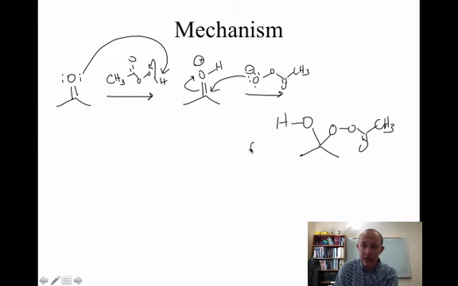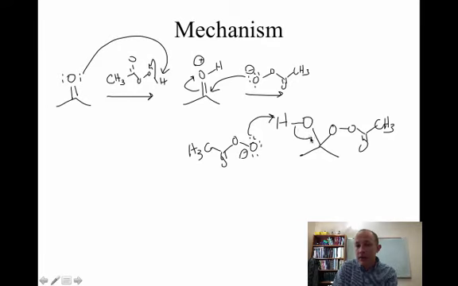So let's draw that as the base. That accepts a proton. These two electrons form a carbon-oxygen double bond. The trick for the Baeyer-Villiger oxidation is now these two electrons in the bond migrate up to the oxygen, which then breaks this really weak bond to form acetate.